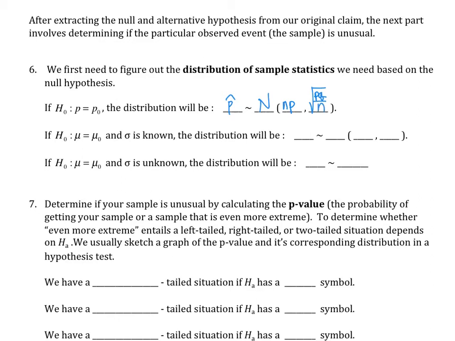And when we're talking about the sample mean, population mean mu with sigma known, then we look at the sample mean, and it's also normal with mean mu and standard deviation sigma over radical n. Again, this comes from confidence intervals, which come from the central limit theorem.